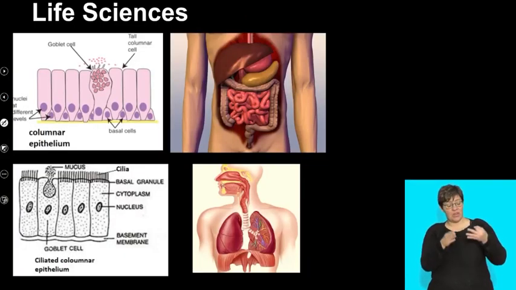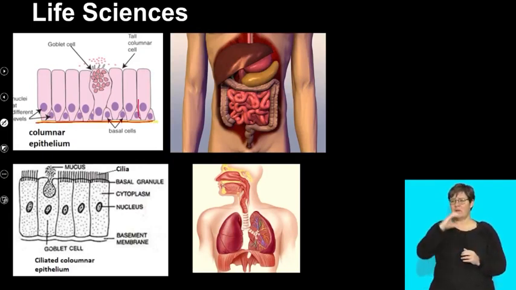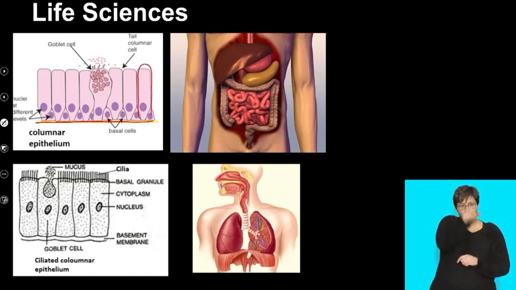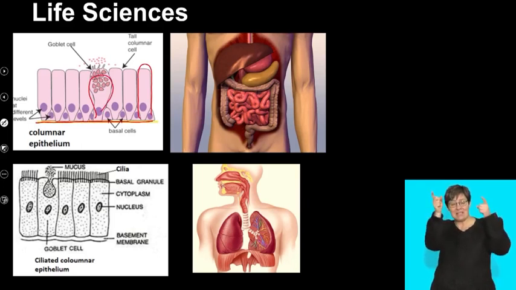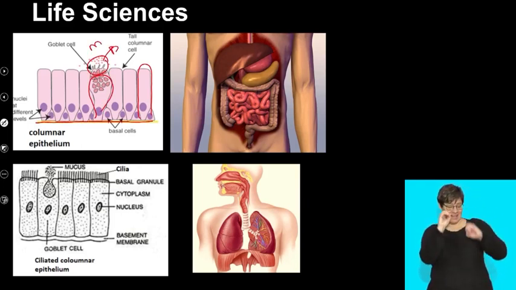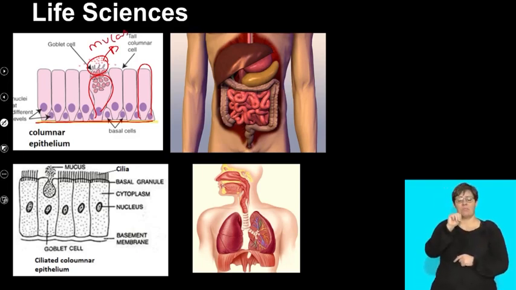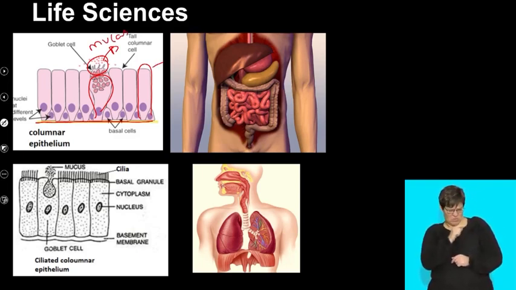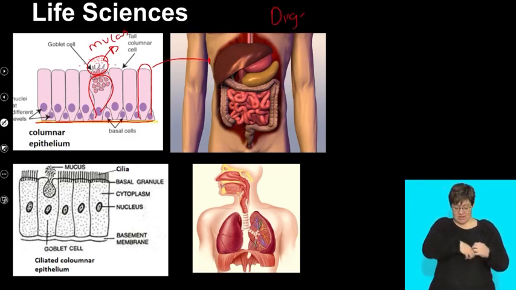Then we looked at 2 similarly structured cells. And remember, epithelial tissues are very often named after what they look like. Columnar, because they're column-shaped. And these guys have got very special cells called goblet cells. And those goblet cells very often produce mucus. Now, why would I need mucus? Let's have a look where I find it. This is my digestive system.